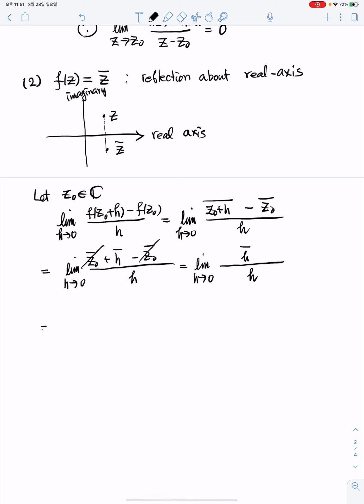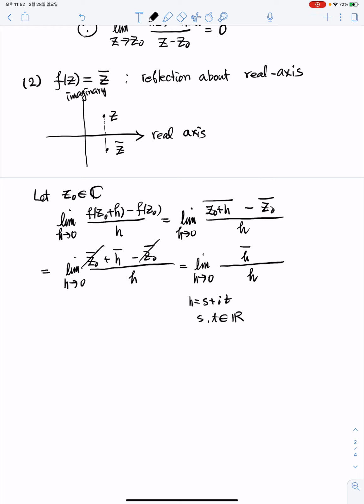Okay, now this h is a complex number. So let's say h equals s plus it, where s and t are real. You can write it that way.